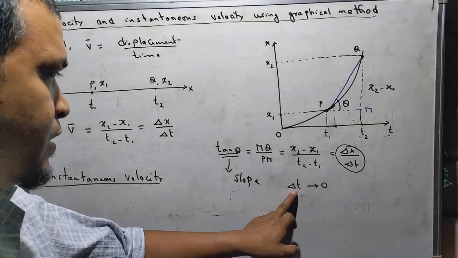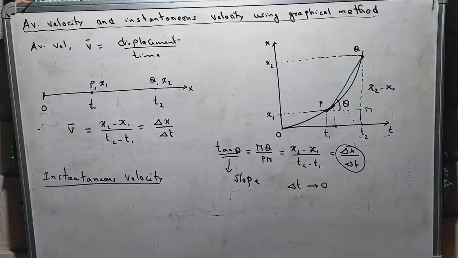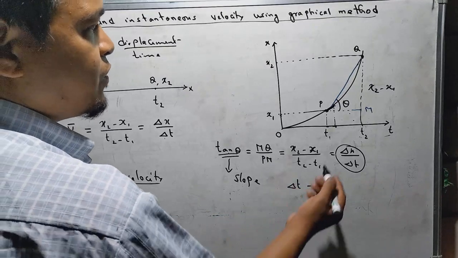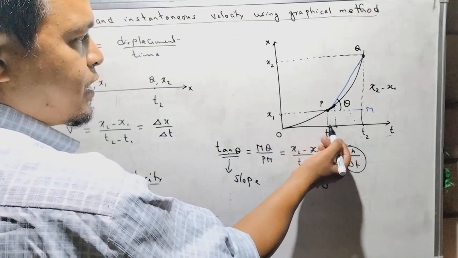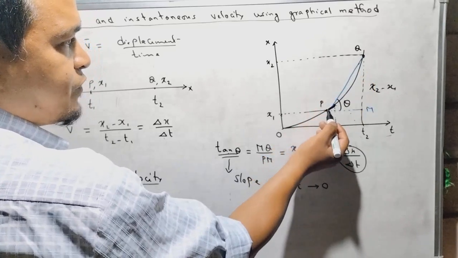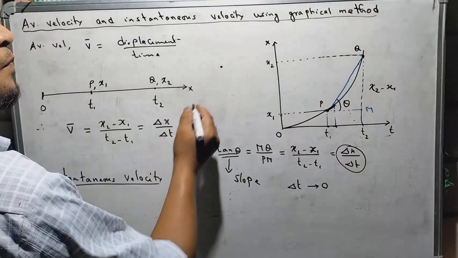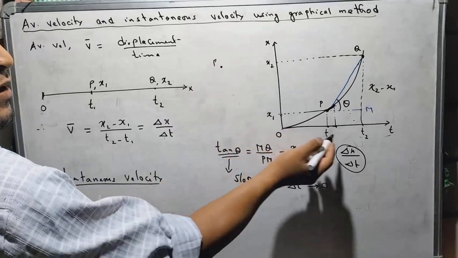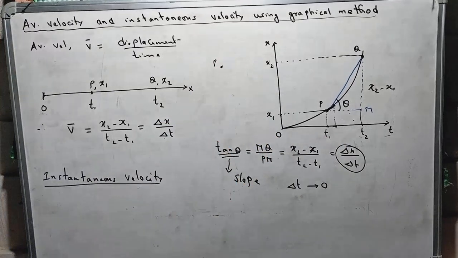So we write delta t tends to 0. When delta t tends to 0, it means t2 is very close to t1, and then this point Q will shift very close to point P. When t2 is too close to t1, point Q is almost coincident with point P.